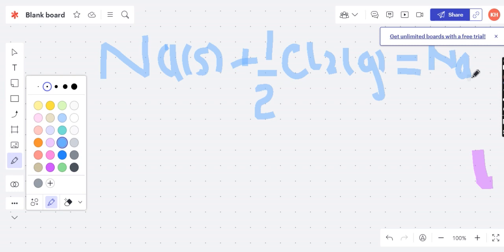As you can see, one is in gaseous state while the other is in solid state, and they combine to form a compound.